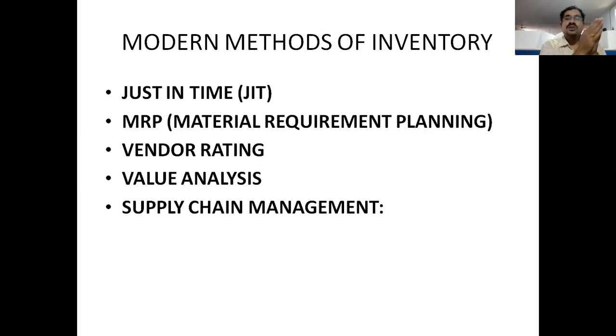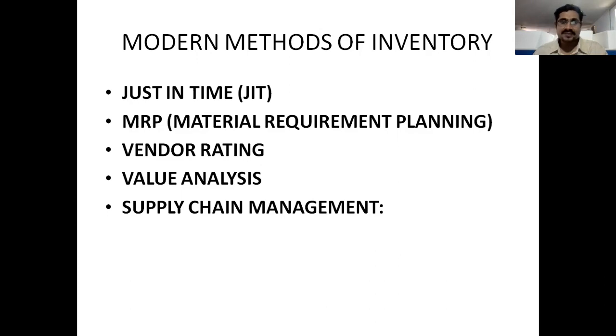The movement of a product from supplier to manufacturer, distributor, retailer, and customers is called supply chain management. So we manage the dealers, distributors, wholesalers, retailers, and the customers also. Managing these chain links is called supply chain management.